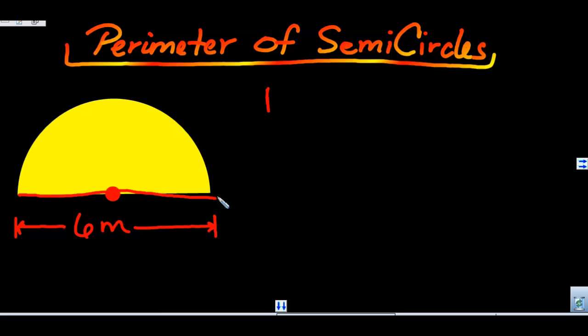So to find the perimeter here, let's look at the parts that we are going to need to assemble together for it. So we have this straight edge here, which they give us is equal to 6 meters. What other measurement are we going to need? Well, we're going to need this one, and that is the circumference of part of the circle.